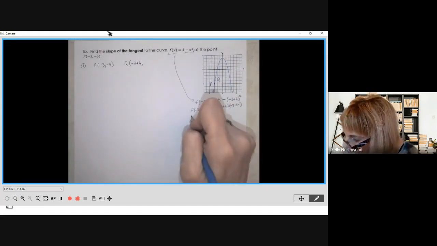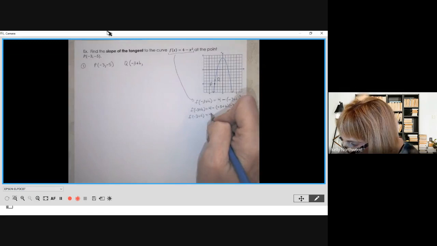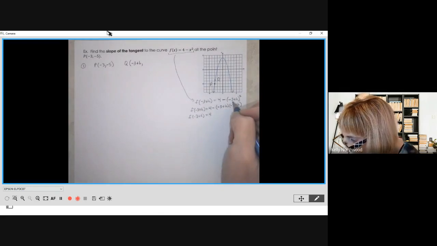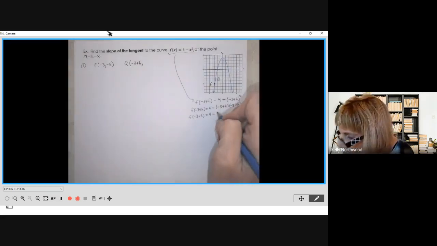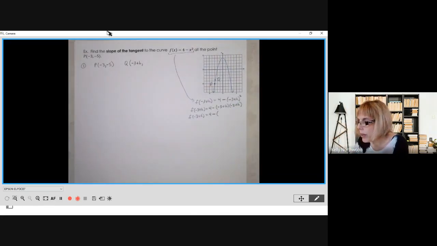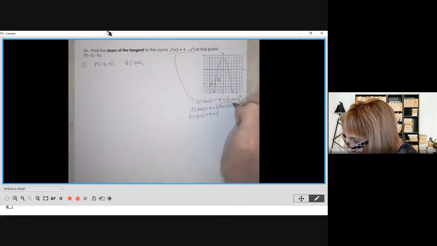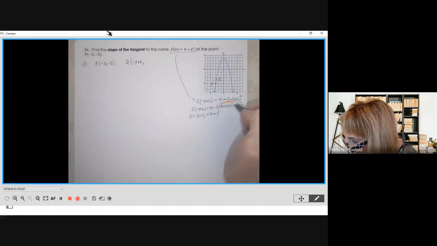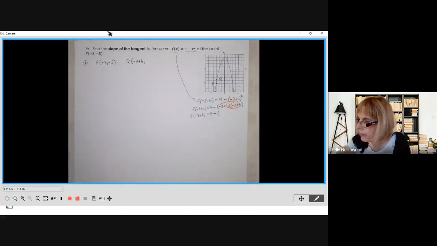I'm going to use order of operations, so I have to square this binomial first before I distribute that negative. So I want to keep my FOIL in brackets here. So I'm going to do -3 times -3. 4 multiplications in there.